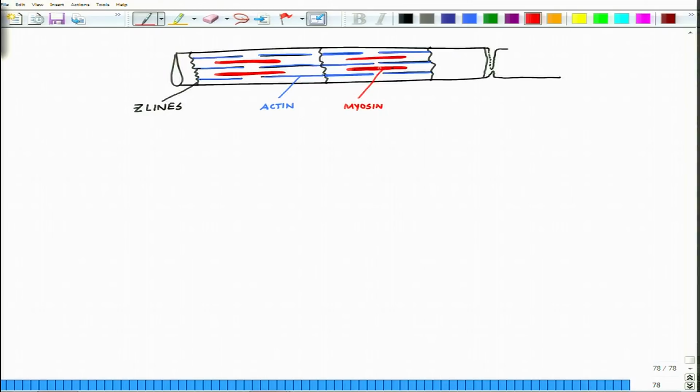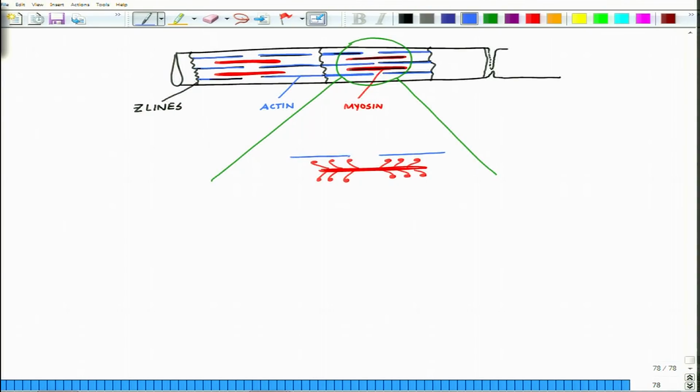If you look at this picture pretty closely, you will observe something very neat. Here is a myosin. The myosin has these kind of heads on top of them. These are called the myosin heads. On top of that you have these actin filaments rolling like this.